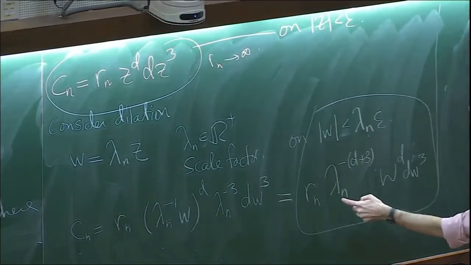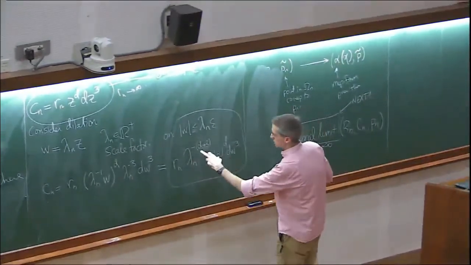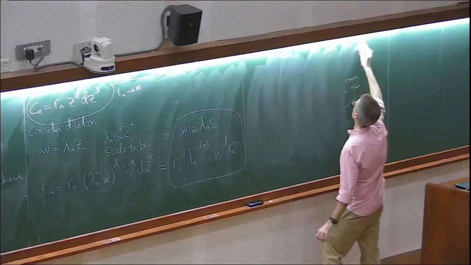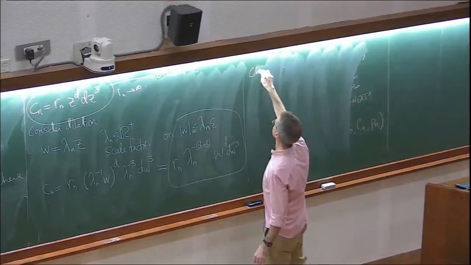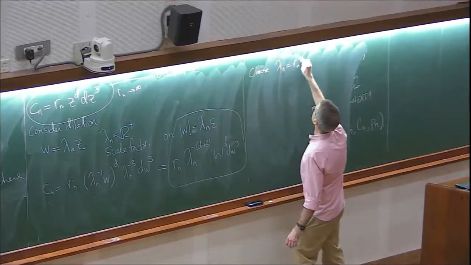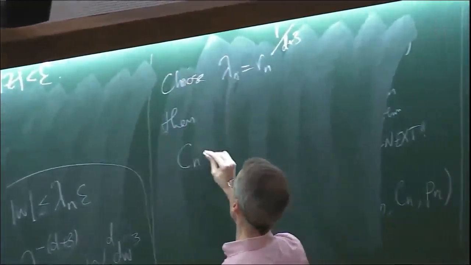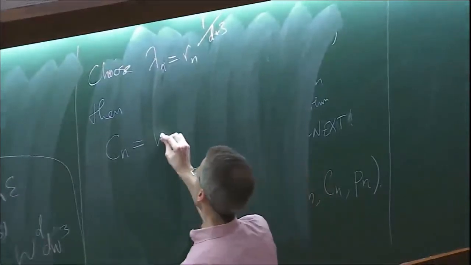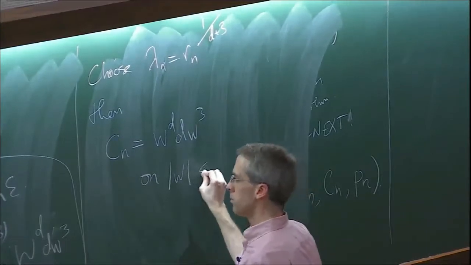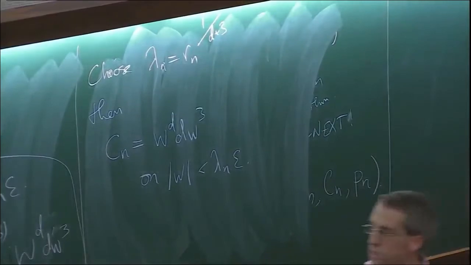If we let lambda n be the positive real number so that lambda n to the negative d plus 3 is equal to Rn, then let's now choose lambda n to be Rn to the 1 over d plus 3. Then what we get is Cn is exactly W to the d dw cubed on absolute W less than lambda n epsilon.